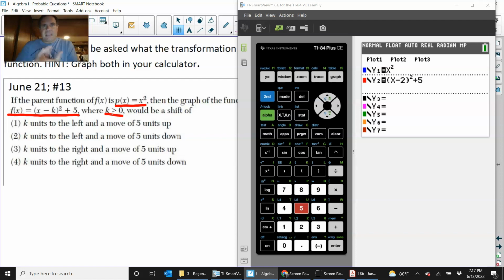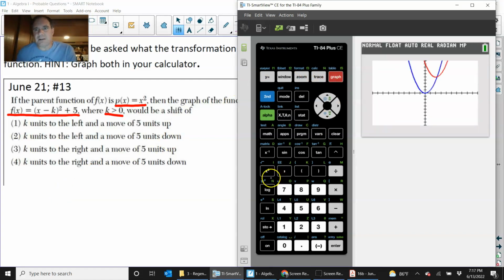If they're asking you what the shift is, you see this k? They're not telling you what k is, but they're telling you that k is greater than 0. So I just picked a number, 2, right? So if k is 2, I'm going to press graph right now, and I just made up 2.